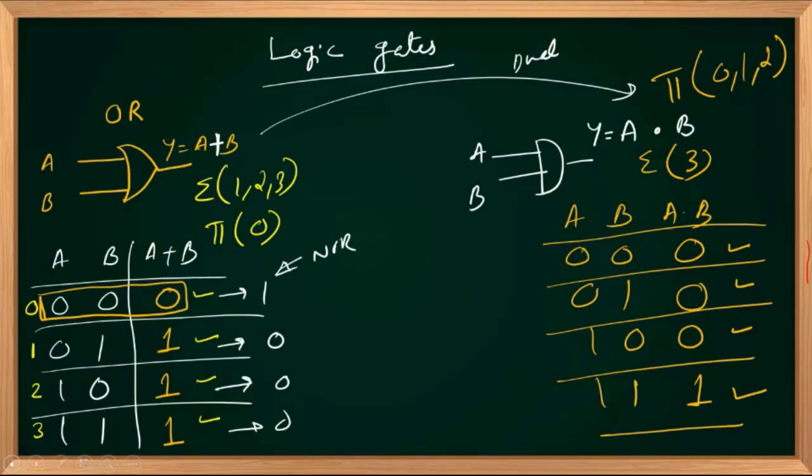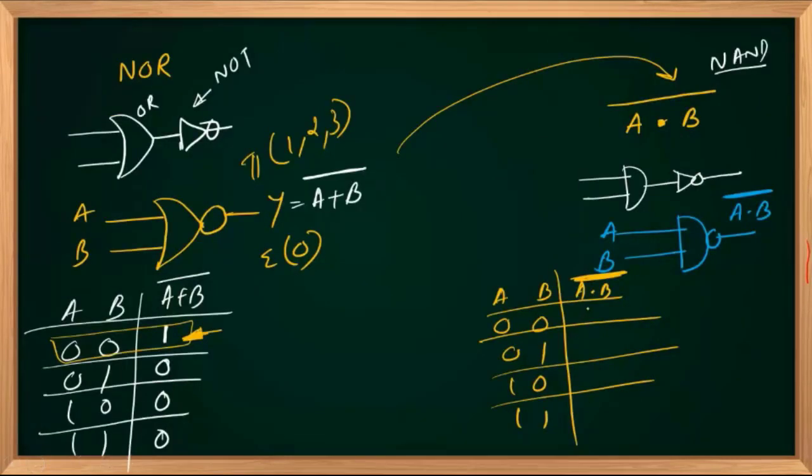0001 was the truth table for the AND gate, correct? Then that will become 1110, triple one, zero, right? And what is the property of the NAND gate? NAND gate will produce a logic 0 at the output if all of its inputs are at logic 1.